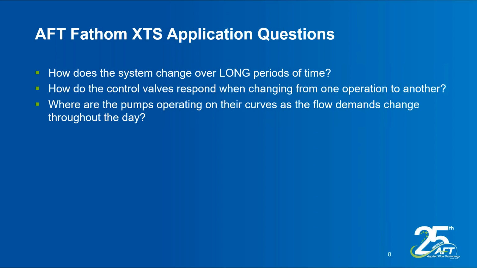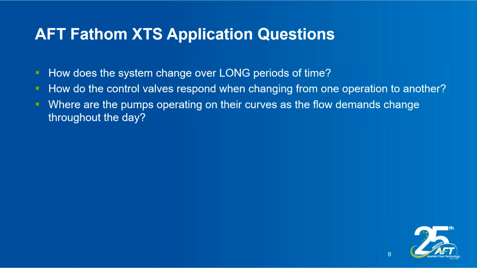Another type of application you would look at is if you have pumps operating on their curves. When your flow demands change throughout the day, you can see how that changes. You might have pumps that are turning on and off based upon different conditions. So if you have a really high liquid height and you're trying to get a lot of flow in a system, maybe you have multiple pumps in parallel that are operating together.